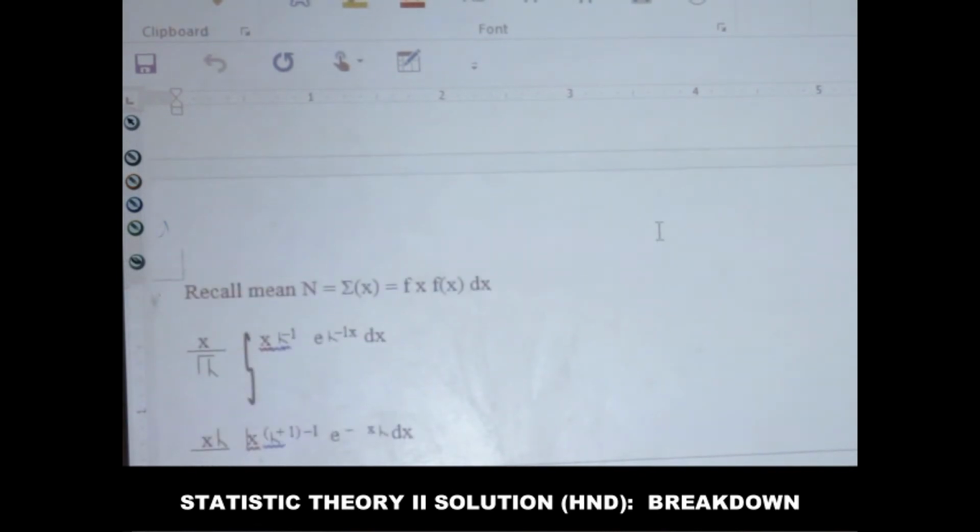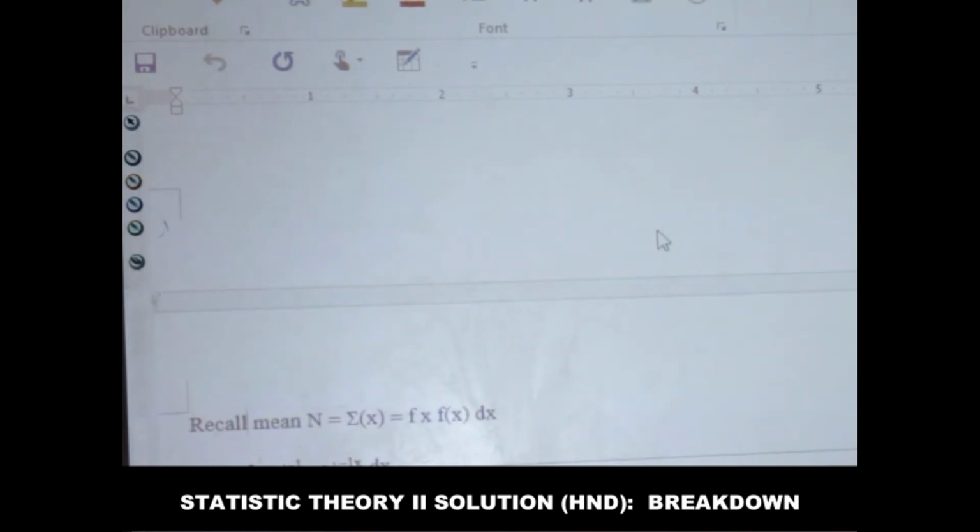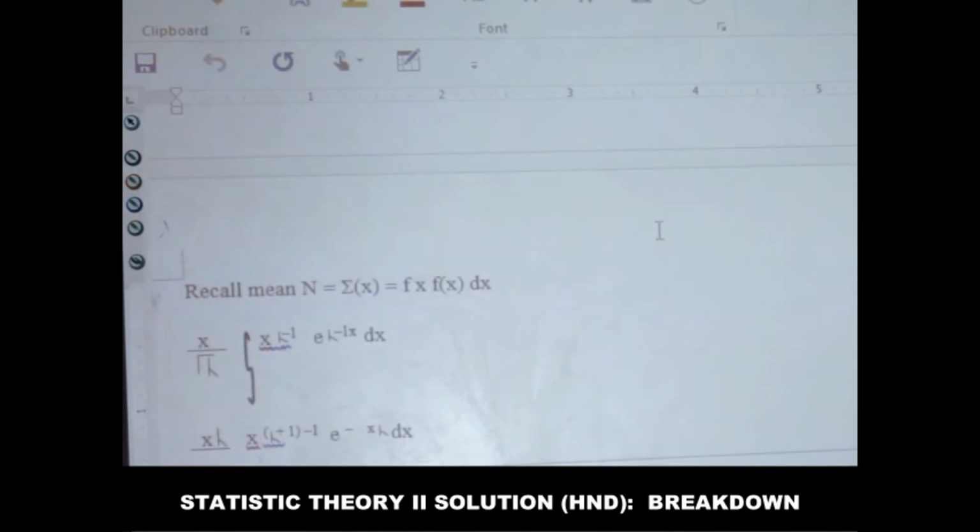Recall our mean is equal to the summation of x times f(x) dx. Now we want to integrate. So when you are integrating, our 1 over gamma lambda will come out. Then you have the integral of x to the power lambda minus 1, exponential minus lambda x dx.